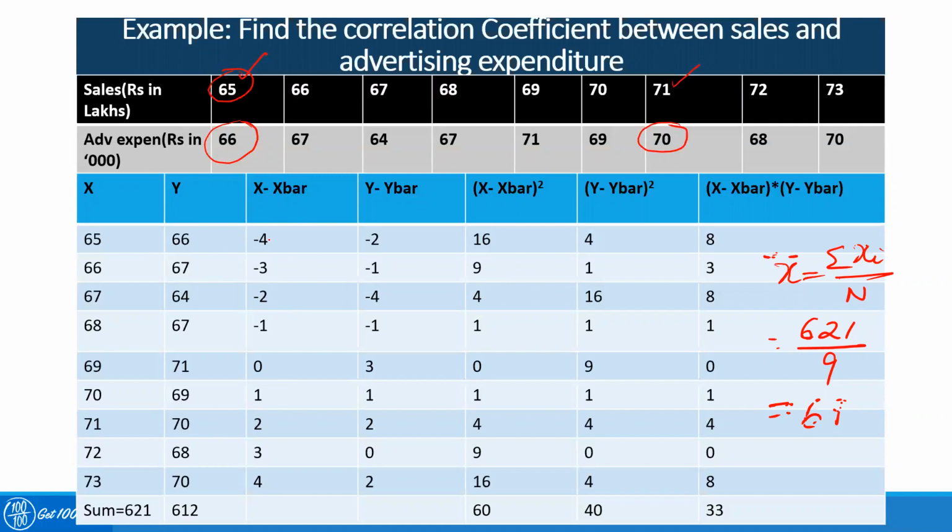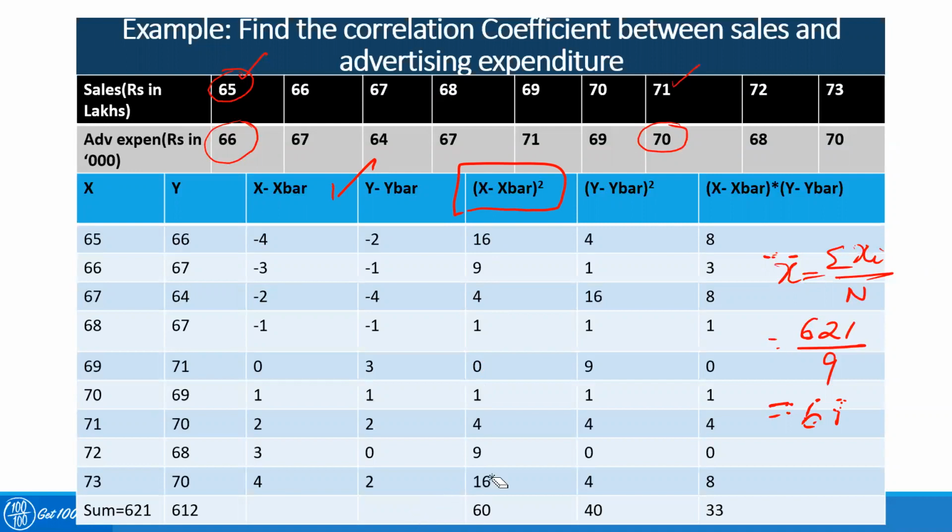Then minus 3, minus 2, and we calculate the same way. We'll make another column, which is x minus x bar whole square. So minus 4 square is 16, minus 3 square is 9, like that. And we add, and this is nothing but summation of dx square.